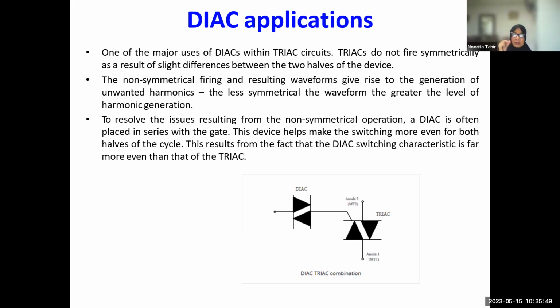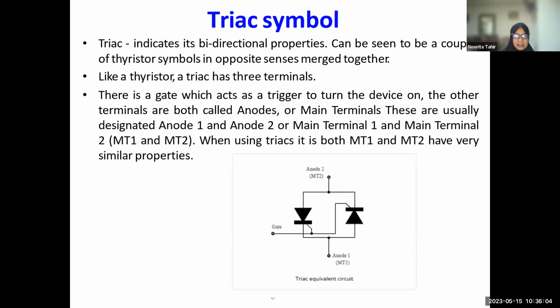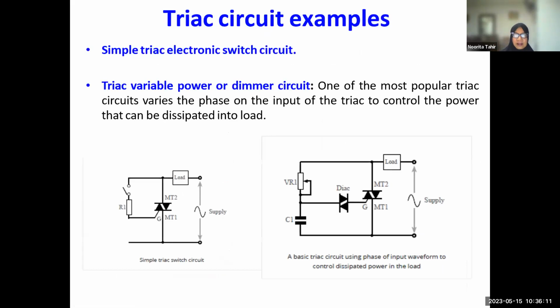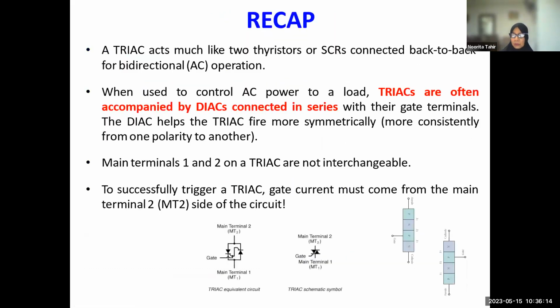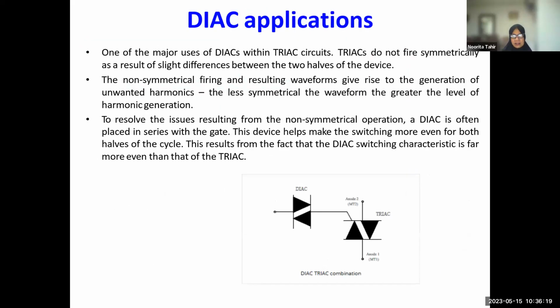So to reduce this issue of non-symmetrical operation because of the triac, here I show the triac that is not symmetric. This one, it is not symmetric like that. That actually leads to harmonics, which we normally don't want to occur in AC.